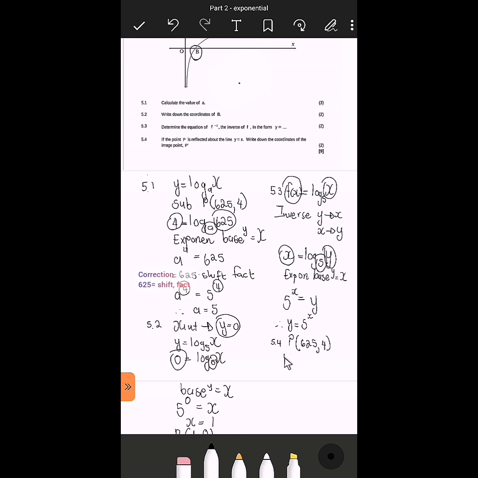If they're saying that y equals x, and the opposite way as well, x equals y. Therefore we have our new reflected coordinate as x equals 4 and y equals 625.